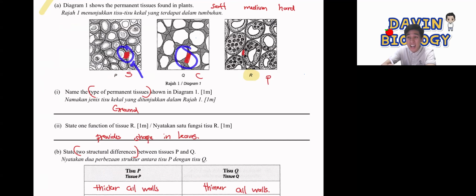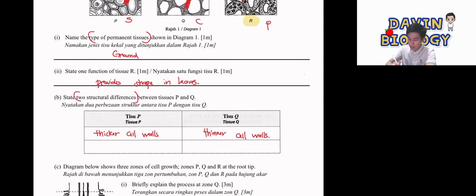So this one is the hardest. Why? Because it is made up of lignin, wood. That's why this is hard. This one is made up of regular fiber, cellulose. So I will write Q first. You can say the cell wall is thickened by cellulose and another fiber called pectin.